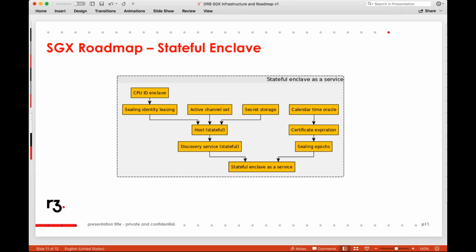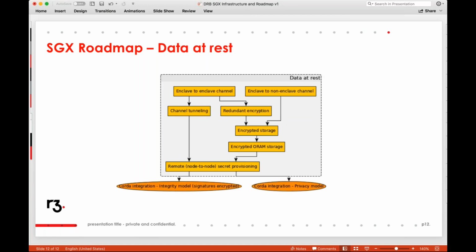Andres, do you have a slide 12, or is this the end of the presentation? There's another slide about data at rest. This is the supporting infrastructure we need to actually do the storage. This is where we mentioned redundant encryption, which is what I just talked about. For this, we need to implement channel tunneling, so we need to be able to route enclave to enclave traffic through the bridges.